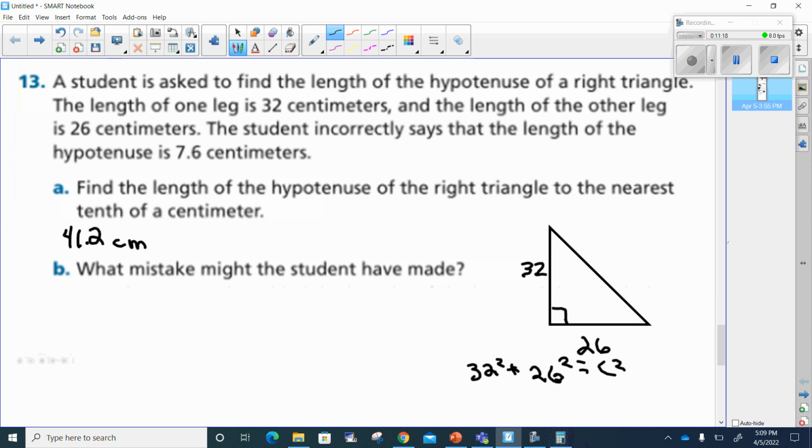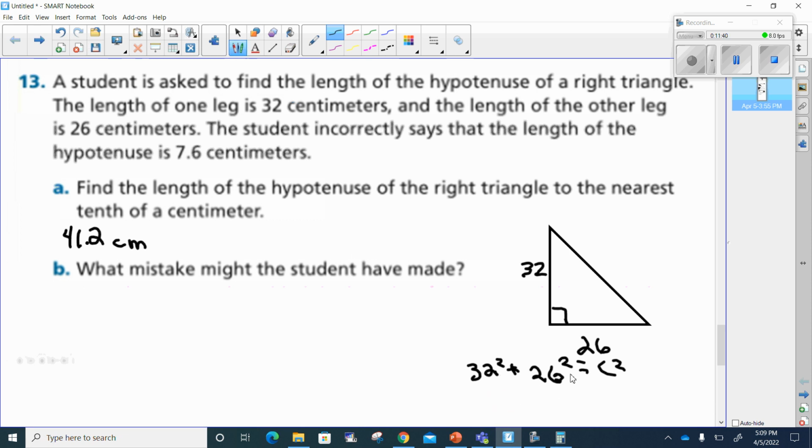Remember, she thought it was 7.6. And I think, let me see, 7.6. What could they have done wrong? I think I figured it out. My guess is they added 32 and 26 together. I think what they did, and I'm just going to check it out here.